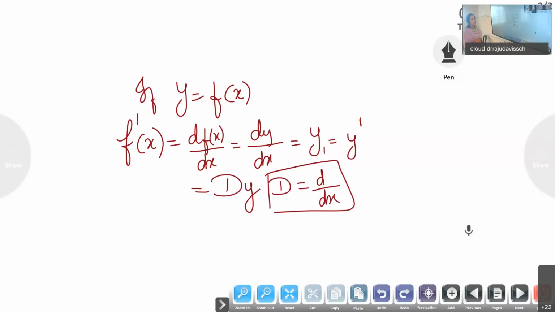So these are the other notations used for the first order derivative. But usually we use dy by dx, f dash of x, or in some rare questions y dash.